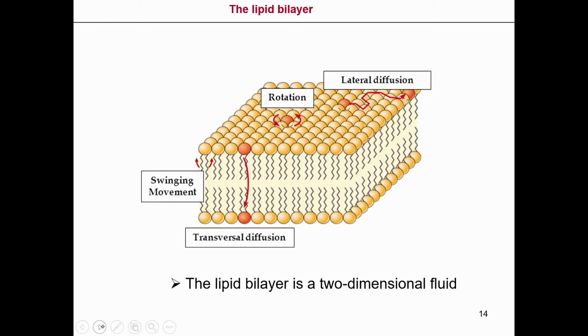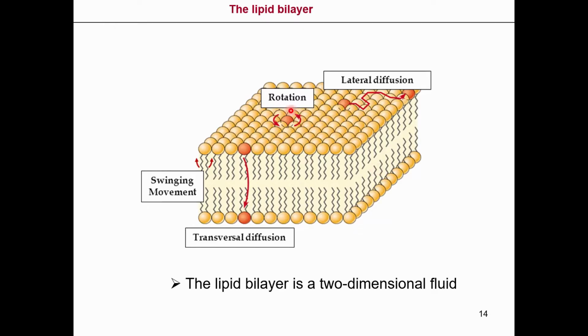So we know that these molecules, glycerophospholipids, sphingolipids, and sterols, are amphipathic molecules with a polar head and a hydrophobic tail. When they are put together, they form a lipid layer. So you have one monolayer and another monolayer, and you have several processes.